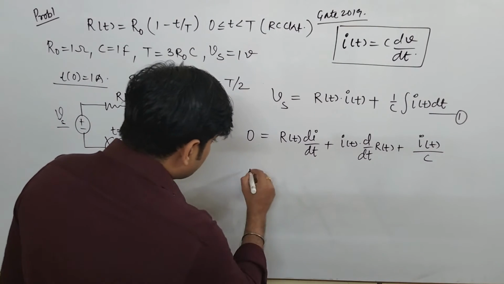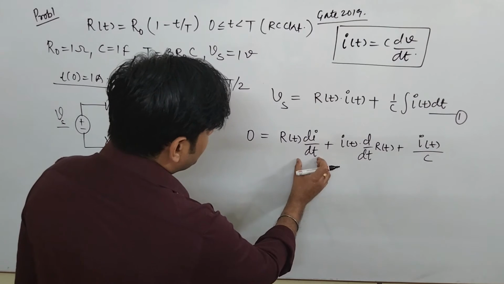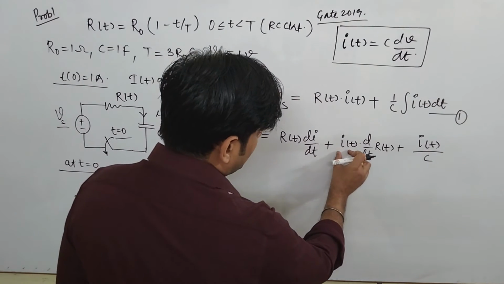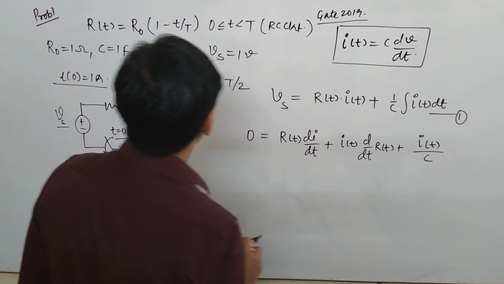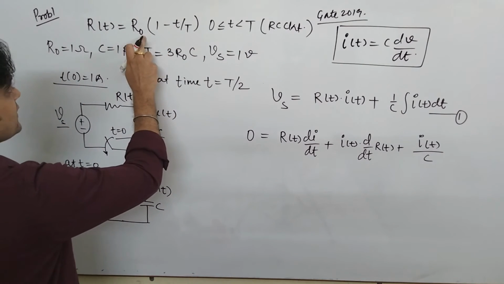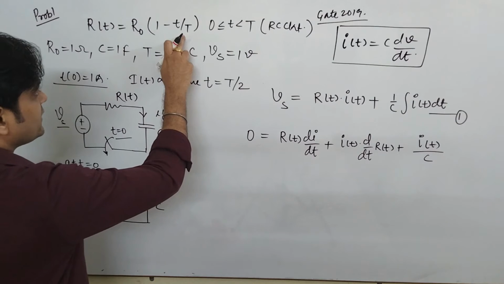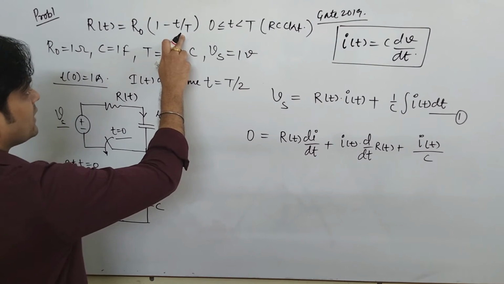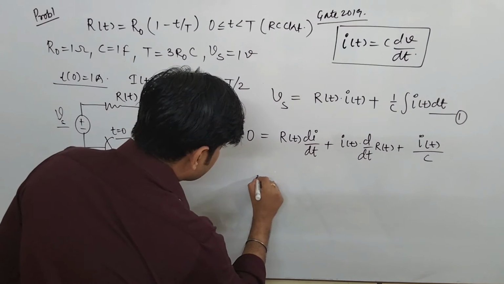So from here you can write, see, this is di by dt, this is i(t), this is the differentiation of the resistance R(t). I am directly writing what will happen: in the differentiation, this R naught is constant here and there is a minus, so you can say that it is minus R naught by T. Just focus here.